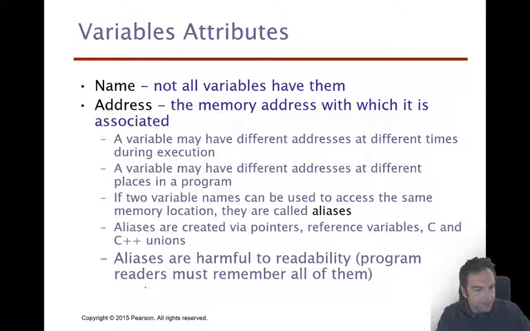Also, related to that, is the concept of an alias. You can have multiple names going to that same address. In that situation, those two names are aliases, and it can lead to unexpected side effects where a change that's apparently being made to one part of your code surprisingly impacts another part of your code.